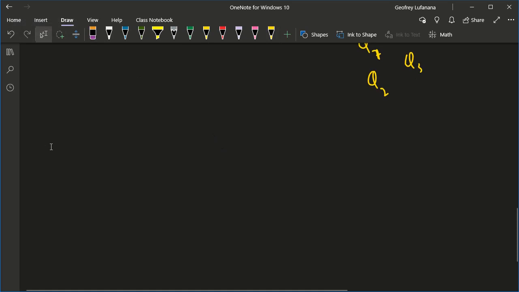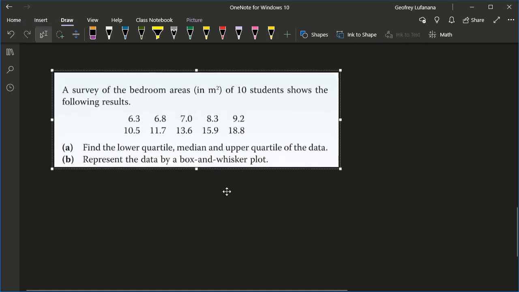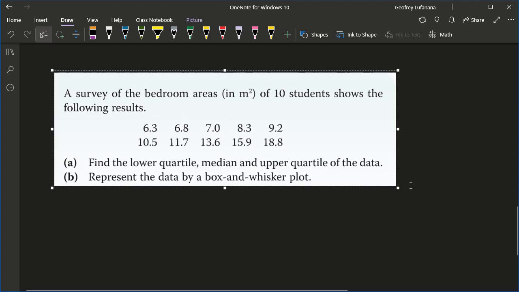So our example is about a survey of the bedroom areas of 10 students, and those are our results. So part A, we are required to find the lower quartile, median, and upper quartile of the data.